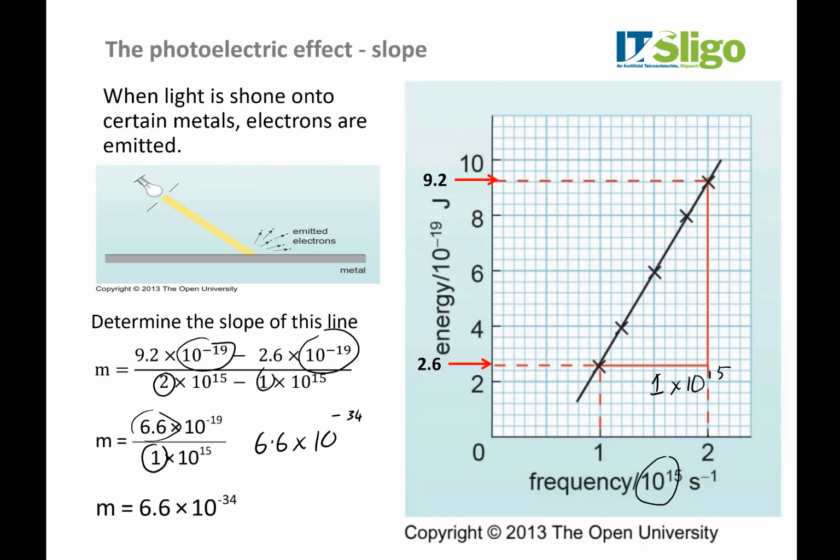So that's our slope. I know it looks odd, but that's science. You're going to come across some very strange values as you progress through your careers. As long as you understand the rules that govern everything, you'll be okay. So now we have the slope. We're just going to go to the next slide. Joule seconds.